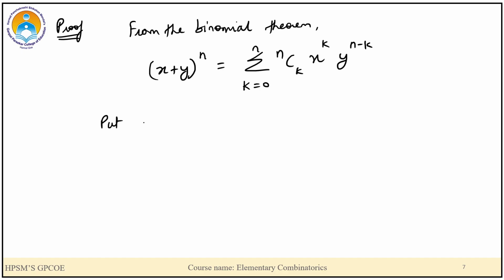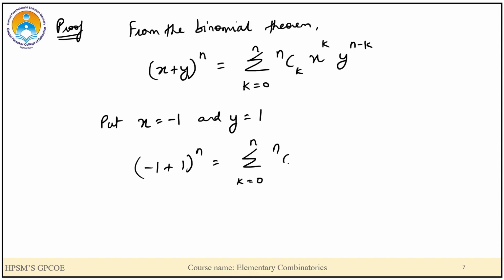Now if I take x is equal to minus 1 and y is equal to 1 and simply substitute in this expression, I get minus 1 plus 1 raised to n equals summation k goes from 0 to n, nCk, minus 1 raised to k, 1 raised to n minus k.